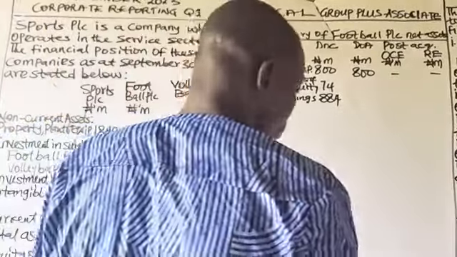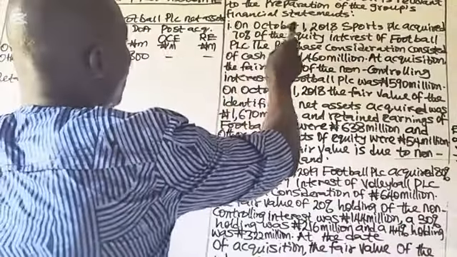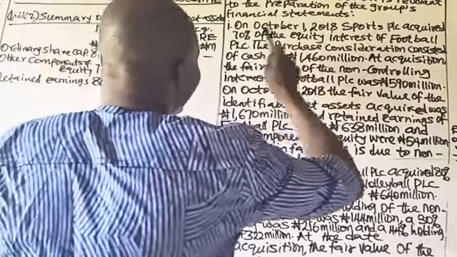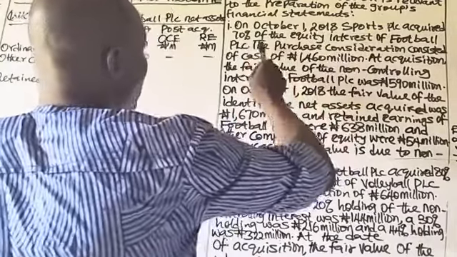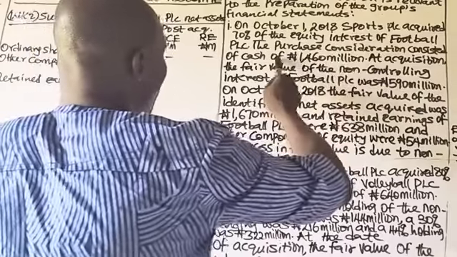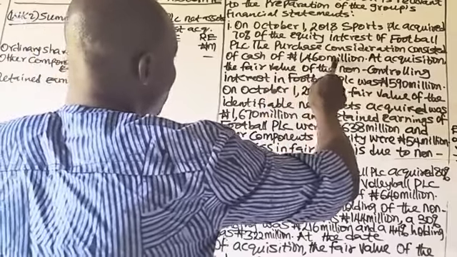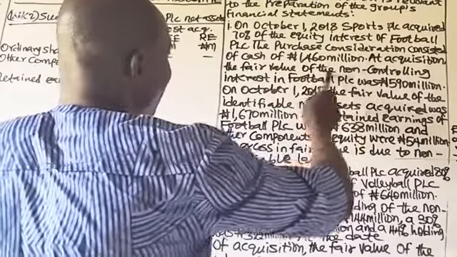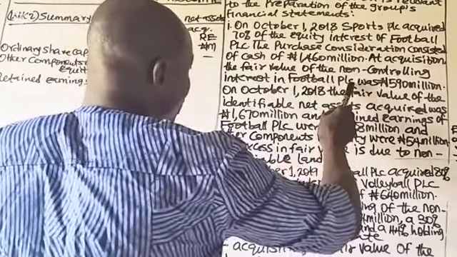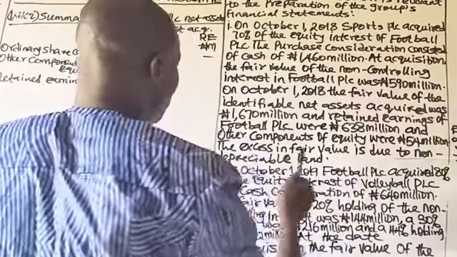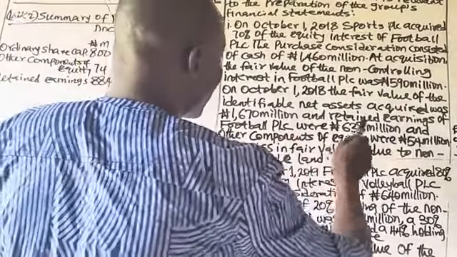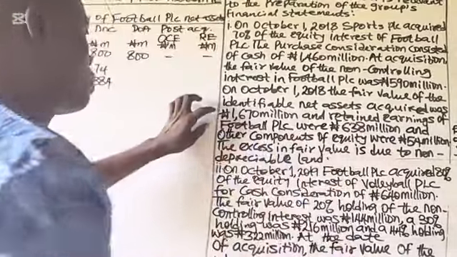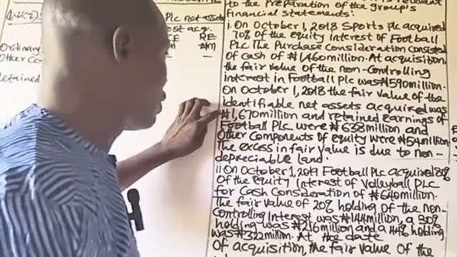Let's go through the notes. Note 1. On October 1st, 2018, Sport PLC acquired 70% of the equity interest of Football PLC. The purchase consideration consisted of cash of 1,460,000,000. At acquisition, the fair value of non-controlling interest in Football PLC was 590 million. The fair value of the identifiable net assets acquired was 1,670,000,000.